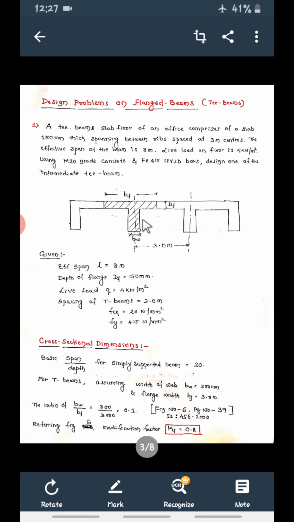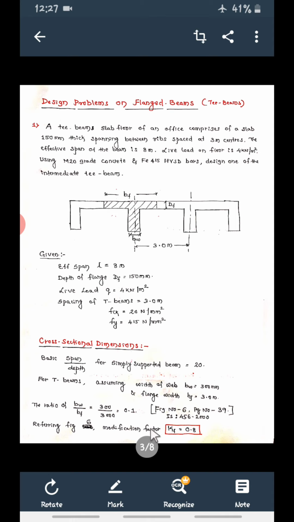Half means here to here, it is 1.5, and from this side it is 1.5. So 1.5 plus 1.5, it is 3 meters. This is nothing but one span you have to consider. So bf is 3 meters, half this side, half this side. bw we have assumed 300 mm, and this bf you have given in the problem, it is 3 meters.